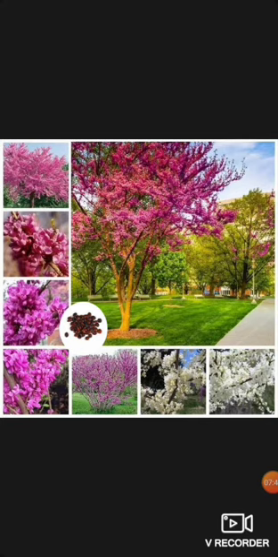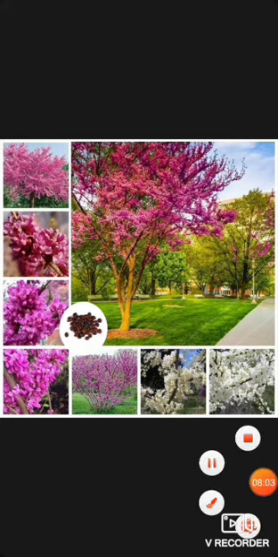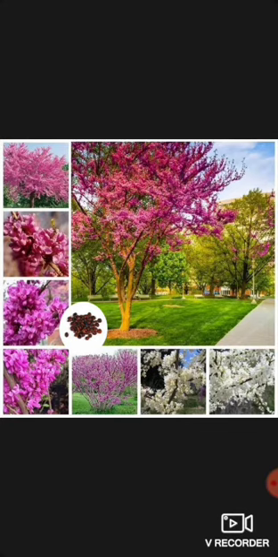So children, I already told you that flowers enrich the beauty of nature. That is why we should not pick the flowers from the plants. We may have seen signboards that tell us not to pick flowers in the gardens, because flowers are very beautiful to see on the plants, and those flowers enrich the beauty of nature.